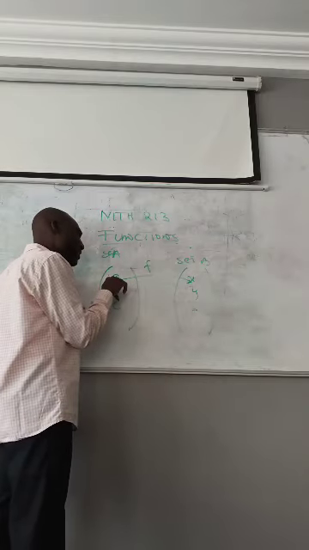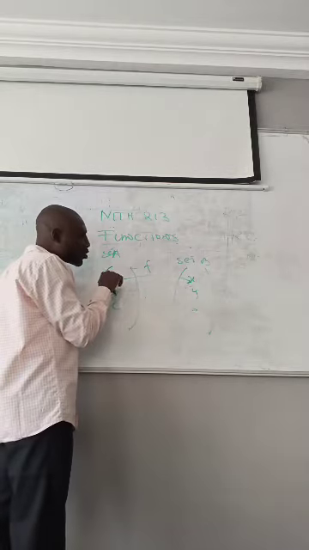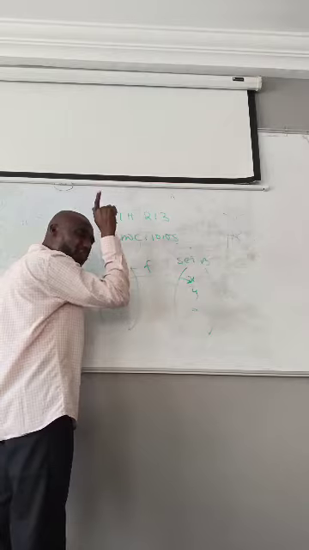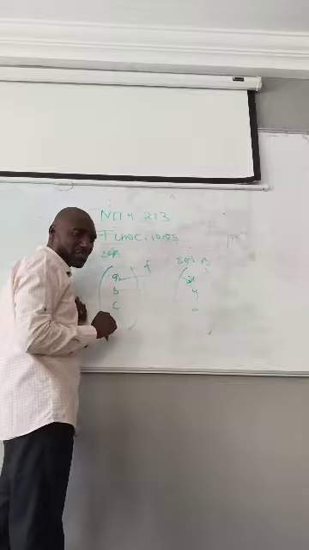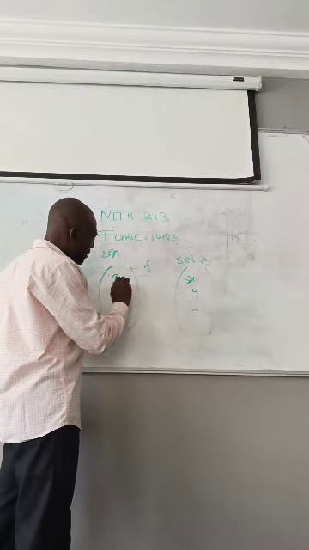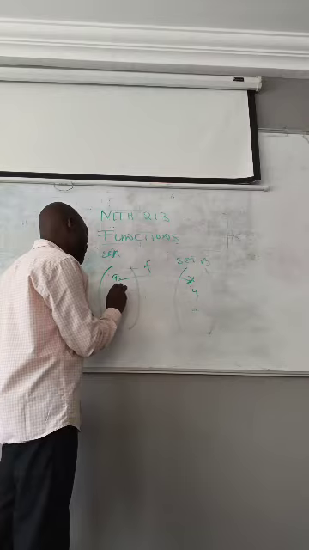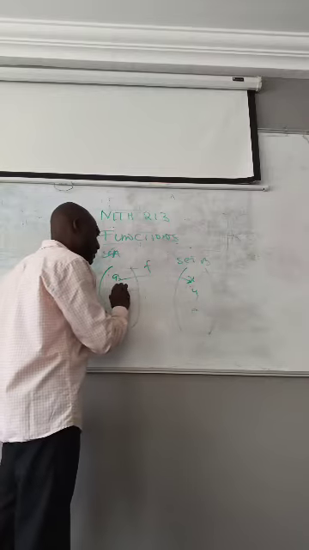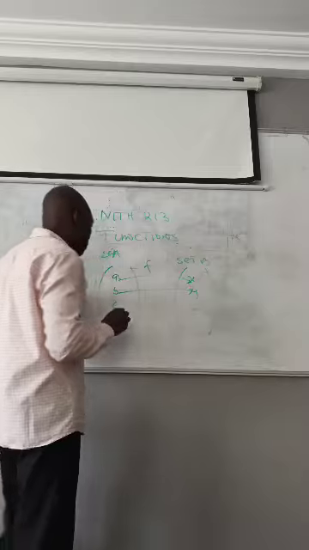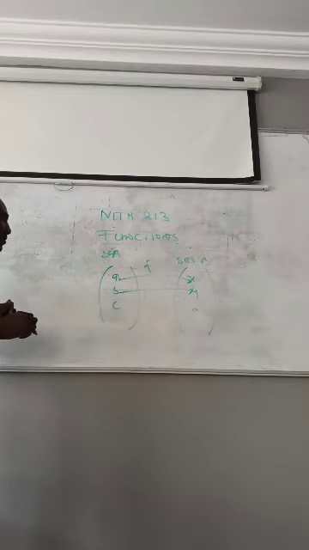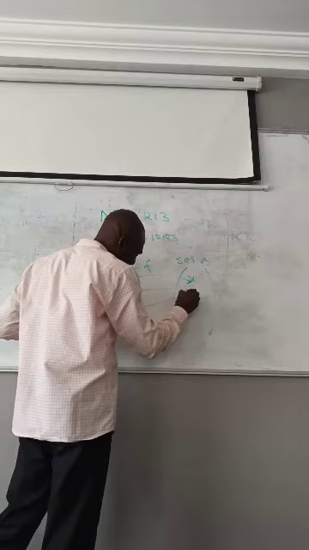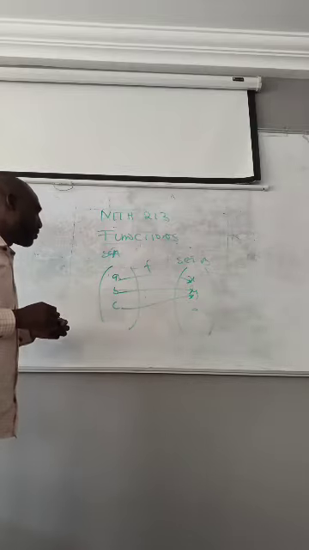So to this element, there corresponds one and only one element in the second set. You can see this can go to this, and this can go to this, and this can go to this.